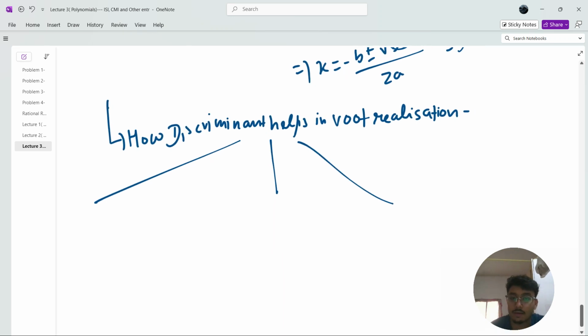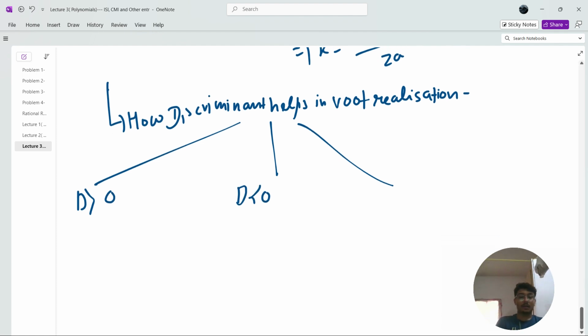Okay, so the cases are: D greater than 0, D less than 0, and D a perfect square.